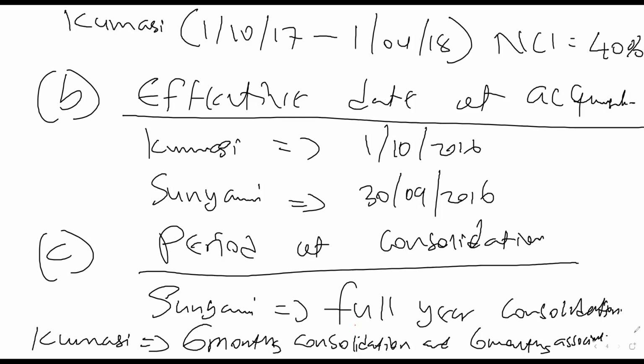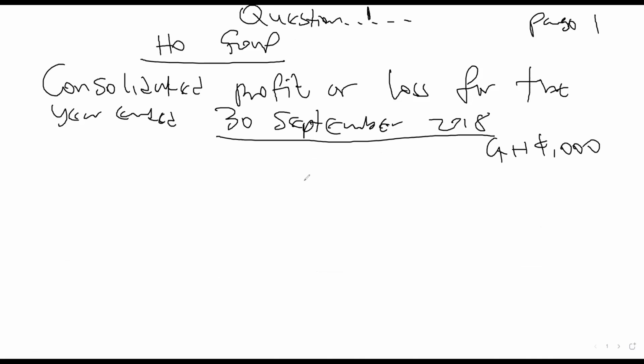Now that you've established the most important bit of consolidation, the period of consolidation: we are consolidating Sunyani full year, and we are consolidating Kumasi 6 months and associate. So go to your P&L. Do not listen to anybody. When they move, you move. When they stop, you stop.